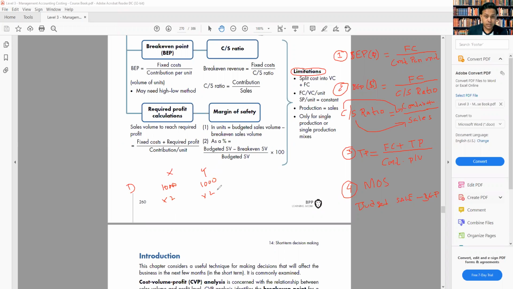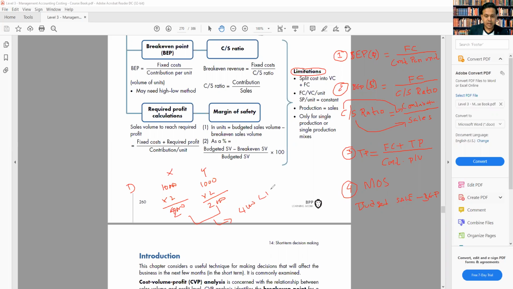To make 1 unit of Y, we need 2 hours of labor. So for X we need 2000, and for Y we need 2000. So in total, we need 4000 labor hours.